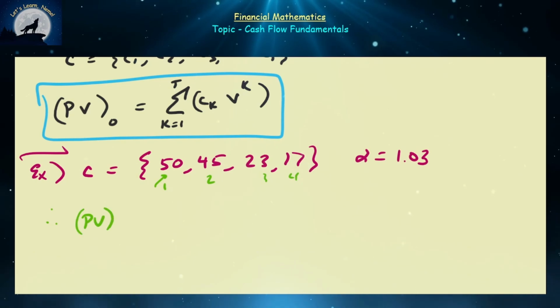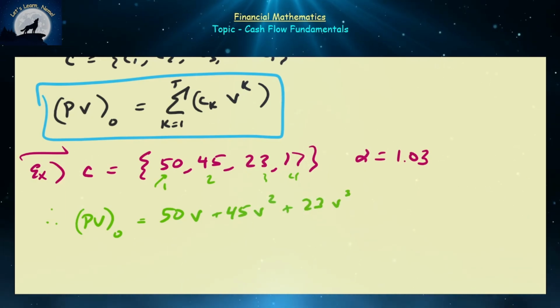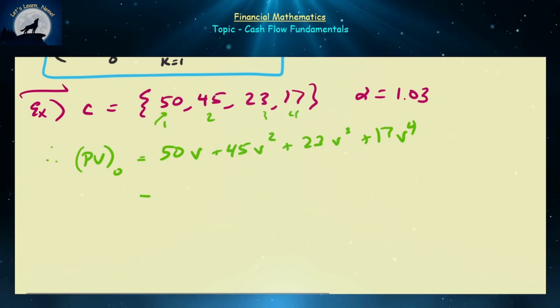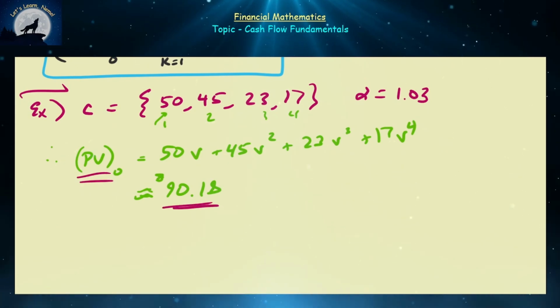So the present value at time t equal to 0 will be equal to 50 discounted once, plus 45 discounted twice, and 23 discounted 3 times, and 17 discounted 4 times, so 4 steps into the past. And this is going to be equal to $90.18 approximately. All right, so that's the present value of those transactions.